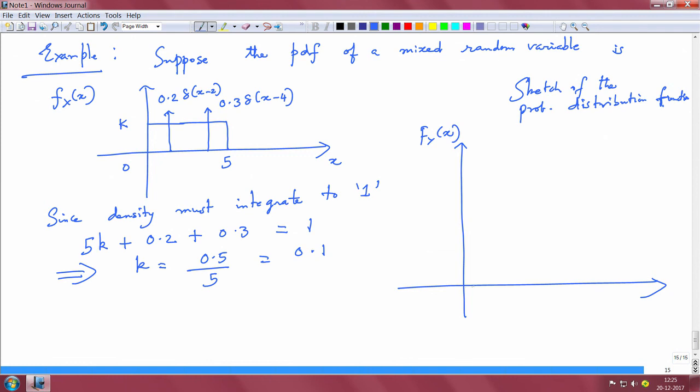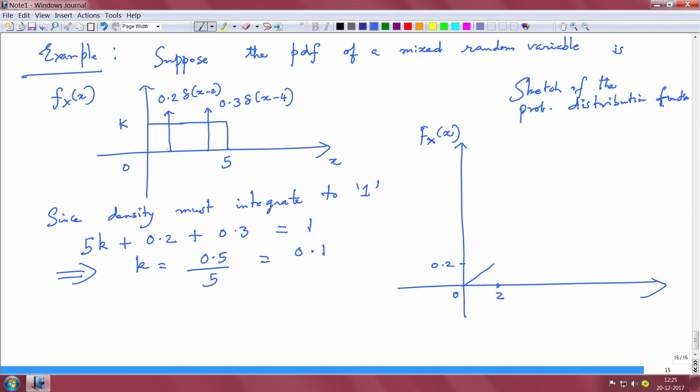Between 0 and 2, I have a ramp, because I am just integrating this rectangle here, with a slope of 0.1, and I accumulate a mass of 0.2 here on the y axis.